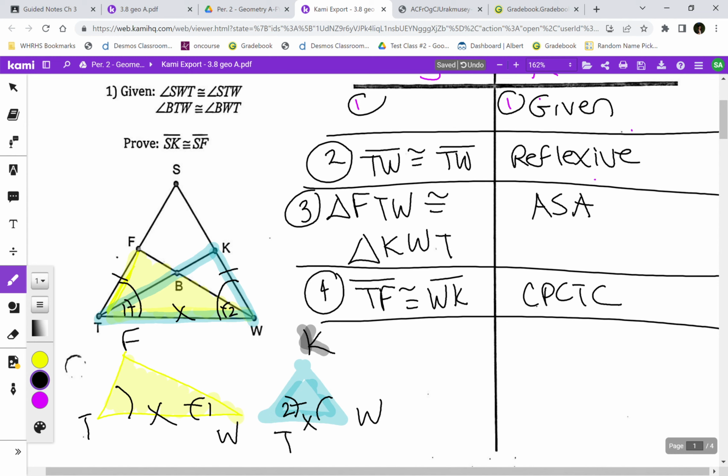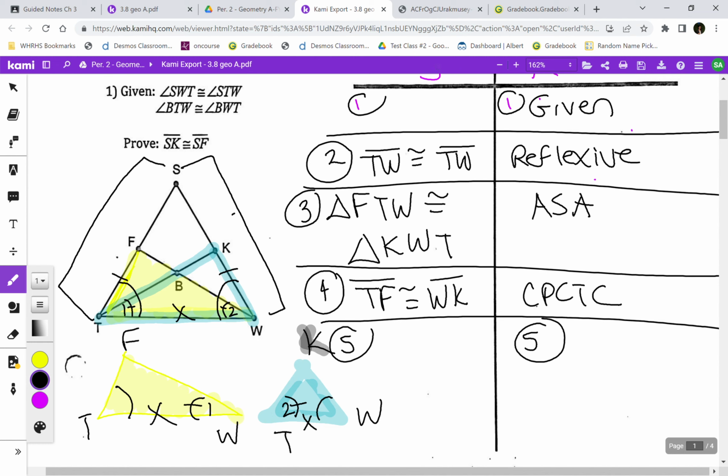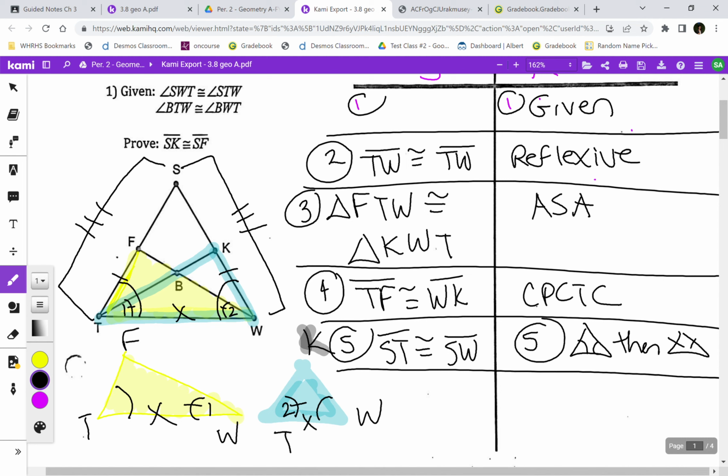I know I'm going through this quickly because I want to make sure I can get through the lesson. Now I'm also going to say that ST and SW are congruent because base angles to sides. ST congruent to SW, base angles, then sides. And then I can use subtraction. So SF congruent to SK, subtraction.